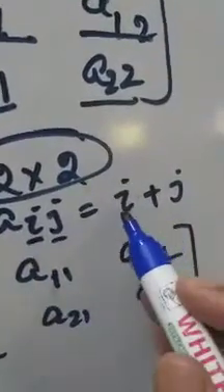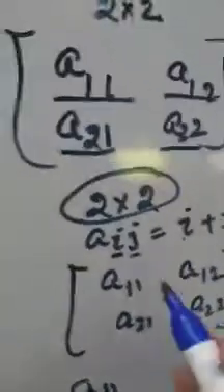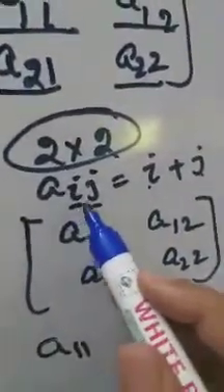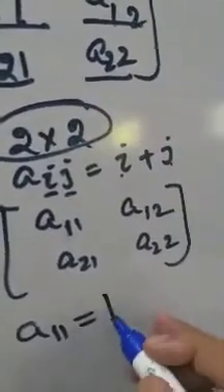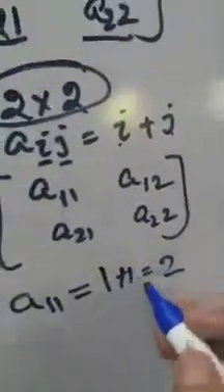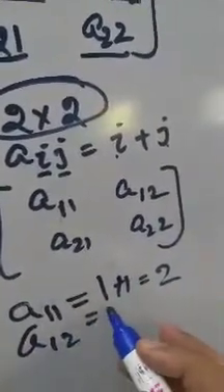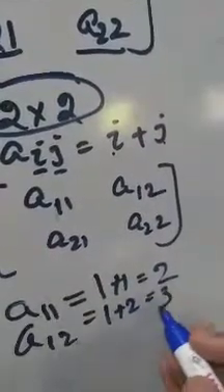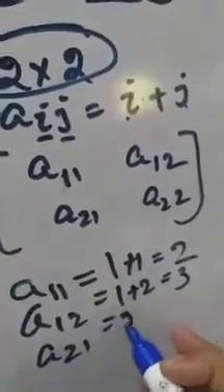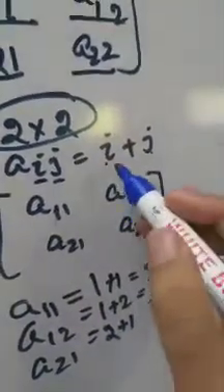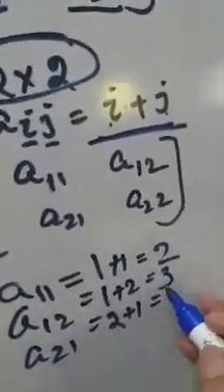Now here i is 1, j is 1. What will be the element? Using i plus j, for A11 in place of i you place 1, in place of j you place 1. So A11 is equal to 1 plus 1, that is equal to 2. Then A12 is equal to 1 plus 2, that is equal to 3. A21, here i is 2 and j is 1, obtained from the formula provided, that is equal to 3.